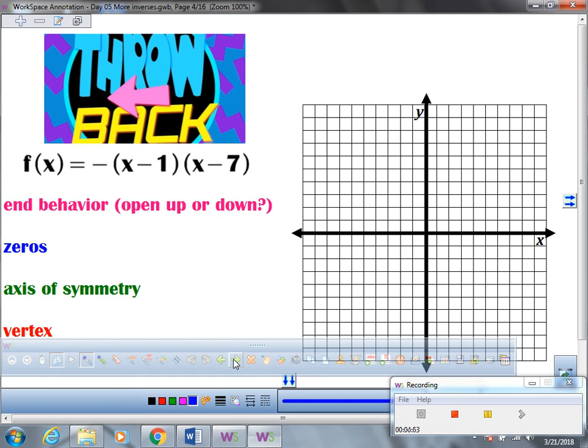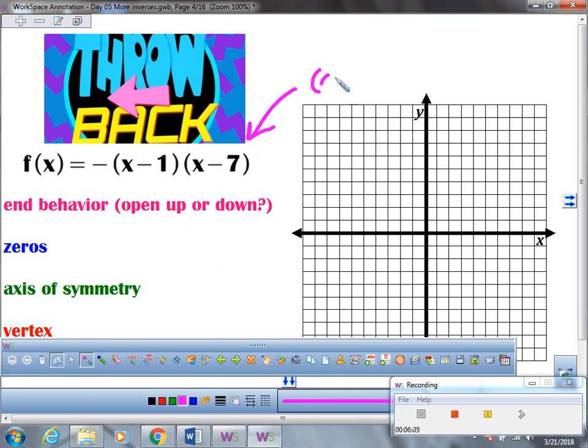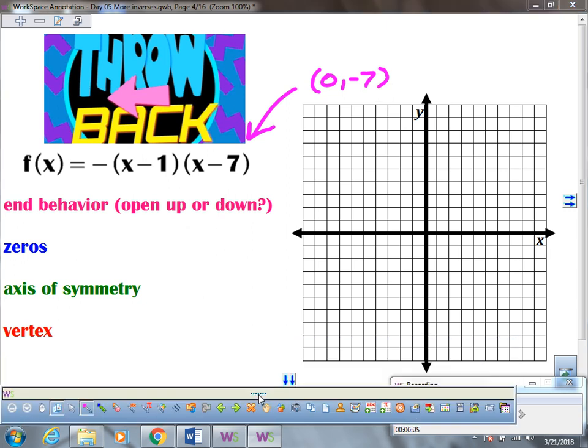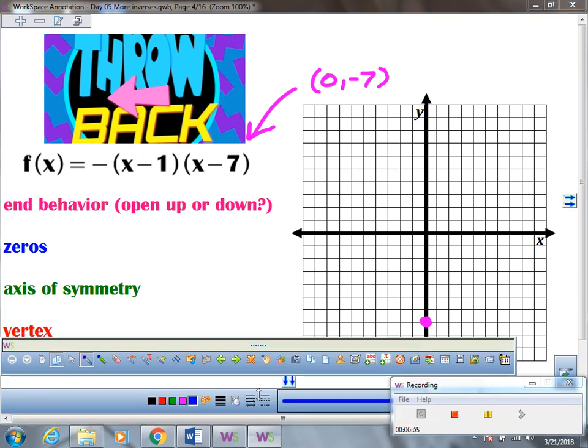Because -1 times -7 times -1 is going to be (0, -7). Let's see if we can make sense of it. If this is (0, -7), and my zeros are at 1 and 7, is that going to make sense?